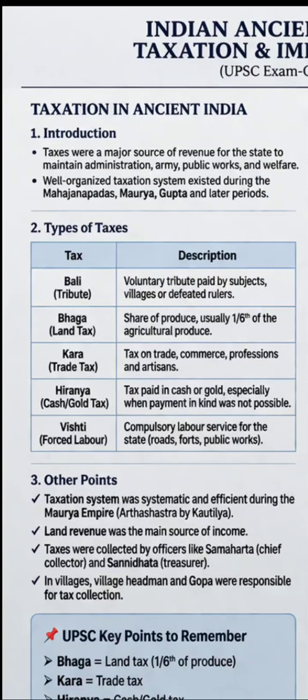Types of taxes. These are the important five types of taxes. One is Bali, second is Baga, third is Kara, fourth is Hiranya, and fifth is Vishti. First one, the tax of Bali.